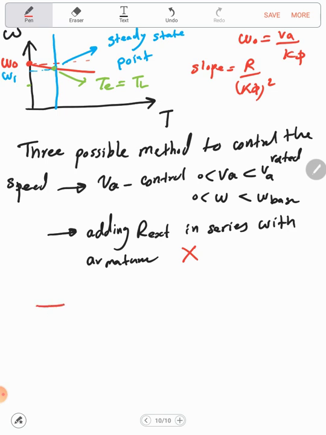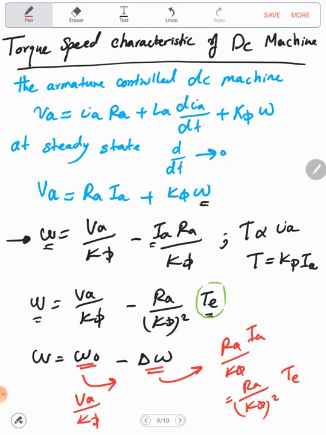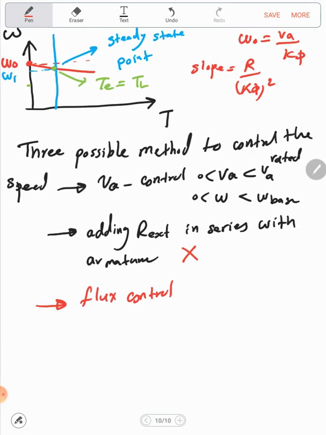And finally, we can use the field or the flux control. But again, in the same fashion we discussed the V over F, the speed omega is inversely proportional to the flux.